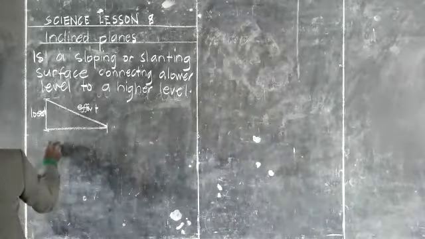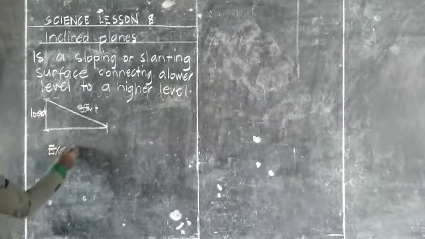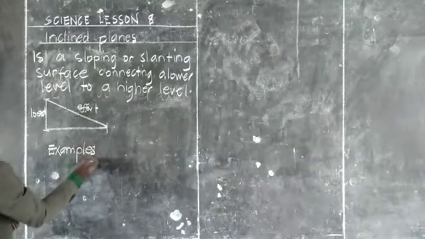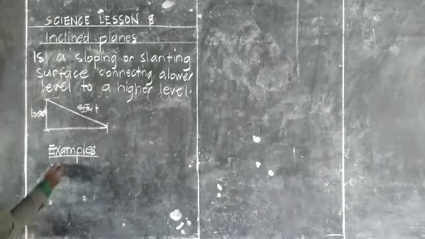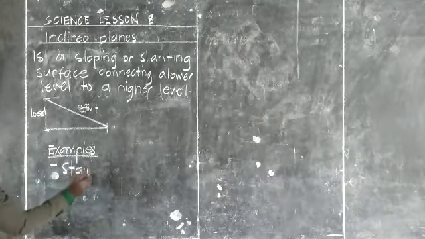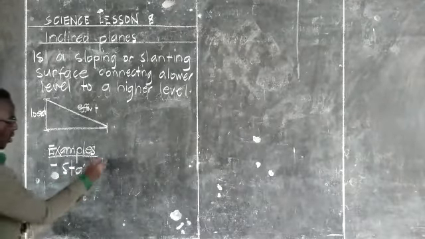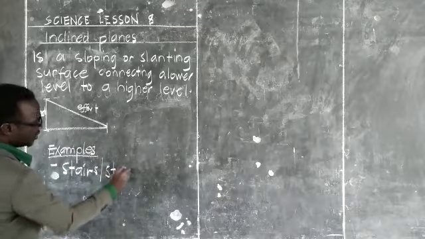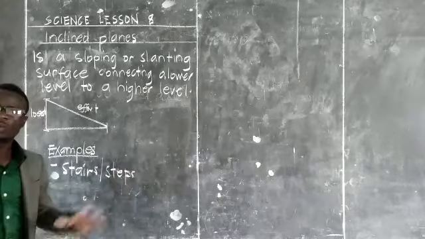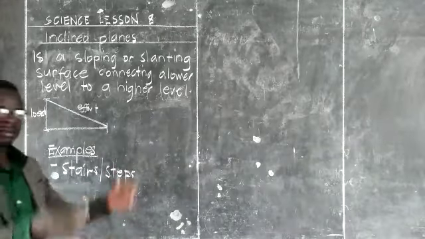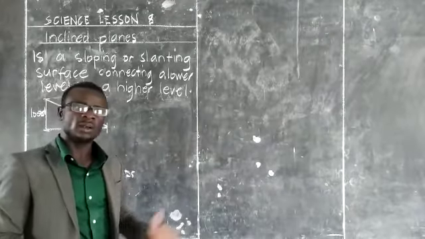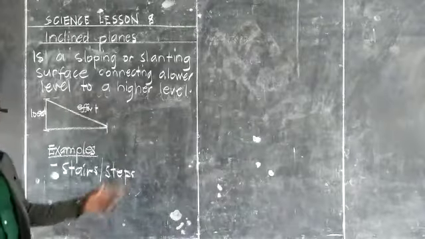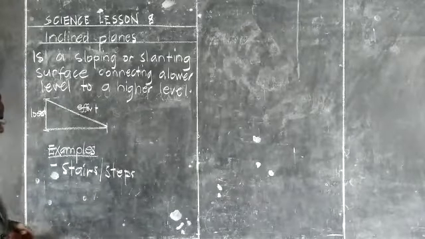Examples of inclined planes include stairs, or mostly known as steps of buildings. For example, if you want to enter a house which is slightly raised, we use steps, or those kinds of houses are constructed with steps.